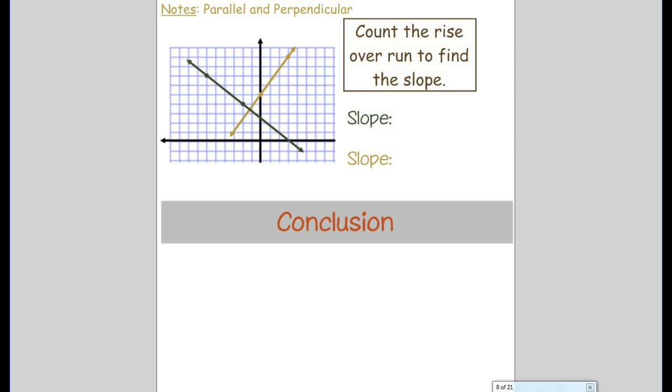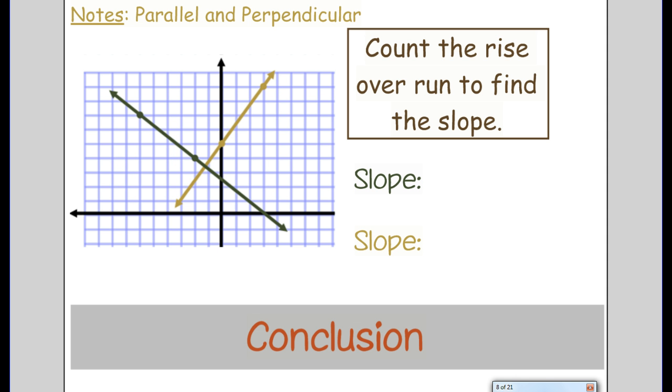All right, go ahead and count. Do the green and the gold, or the light and the dark. Since yours are not colored. Ruthie, tell me the slope of either one of them.